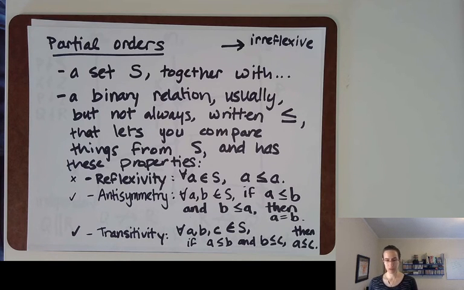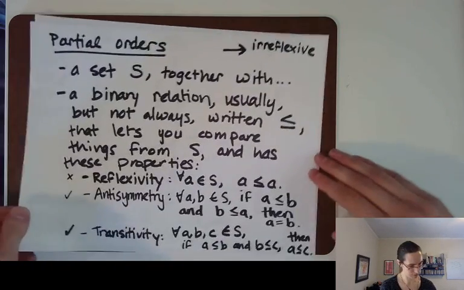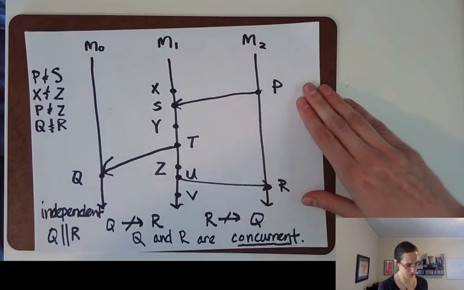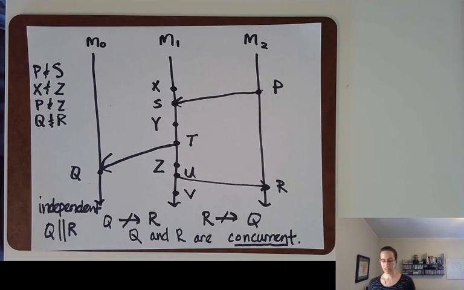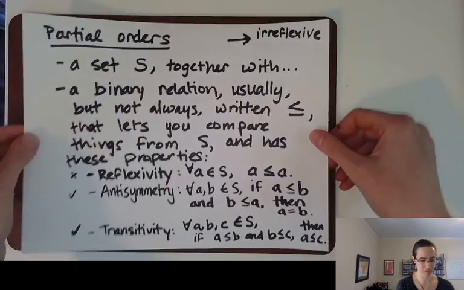And so in the case of this picture that we drew before, of a whole bunch of events happening in this system, the set that we're talking about is Q, X, S, Y, T, Z, U, V, P, R, right? That's the set of events for this particular execution. And the relation relating these events, if it's going to be a partial order, then it has to have these properties.